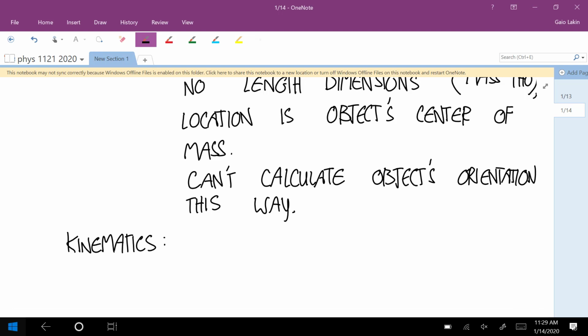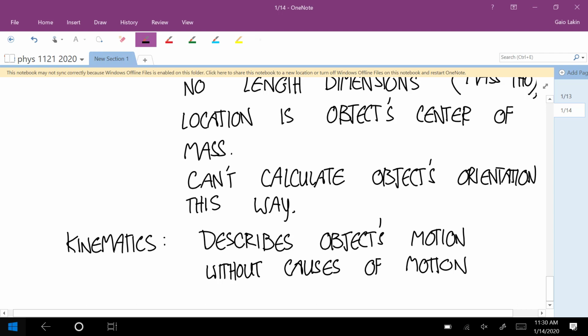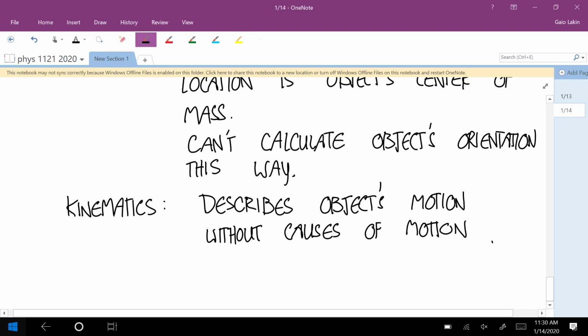And kinematics deals with describing an object's motion without the causes of the motion. And the causes of the motion we'll think of as force and mass.